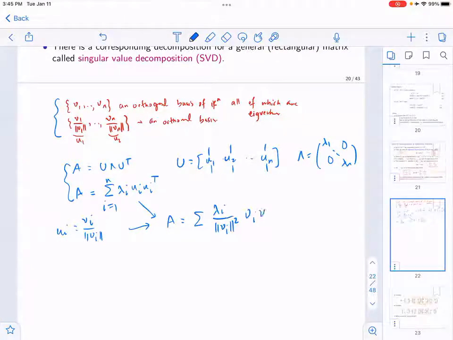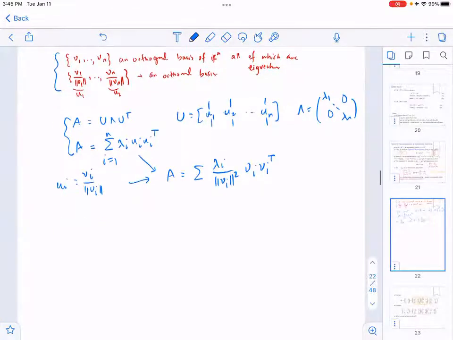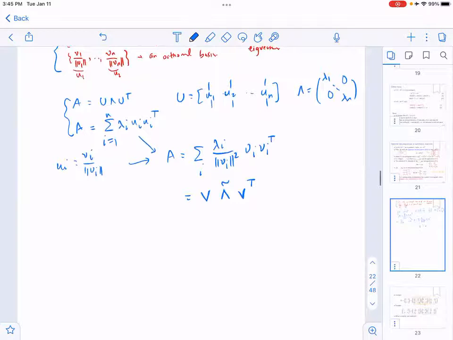And if you put it back in matrix form, this looks like V lambda tilde V transpose, where V has columns V1 up to Vn, but now lambda tilde has these as its diagonal elements.